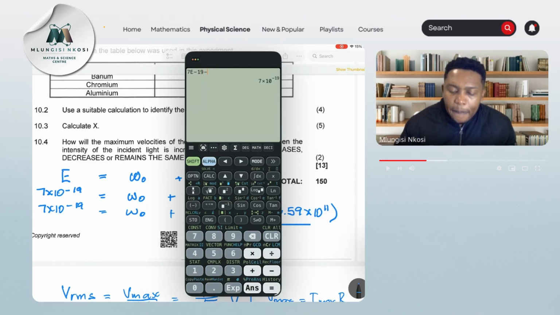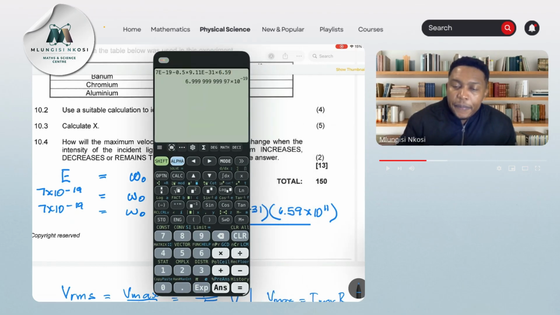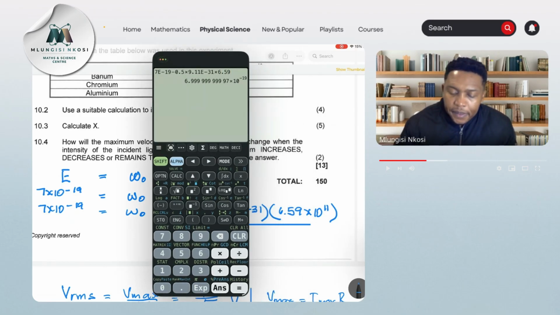Subtract 0.5 times 9.11 exponent minus 31 multiplied by 6.59 exponent 11.